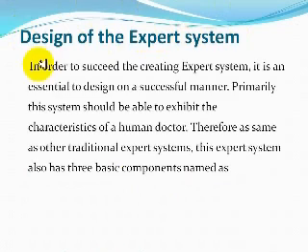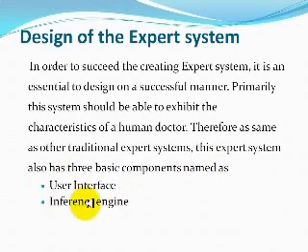As the primary attempt, this system should be able to exhibit the characteristics of a human doctor. Therefore, as with other traditional expert systems, this expert system also has three basic components: user interface, inference engine, and knowledge base.